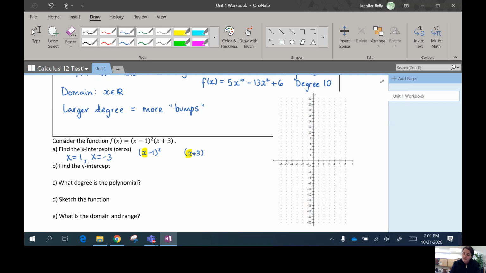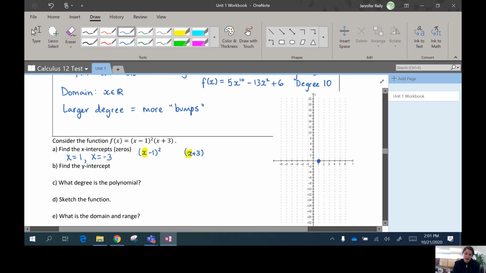When we graph this, those points can be plotted right away. The y-intercept you get by plugging in f of 0: 0 minus 1 squared, times 0 plus 3. So you get 3.